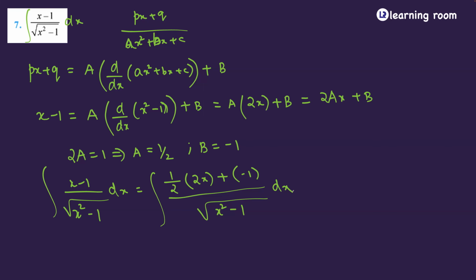When you do this, you split the denominator to each term in the numerator. So half into integral of 2x divided by root of x square minus 1 dx minus integral of 1 divided by root of x square minus 1 dx.